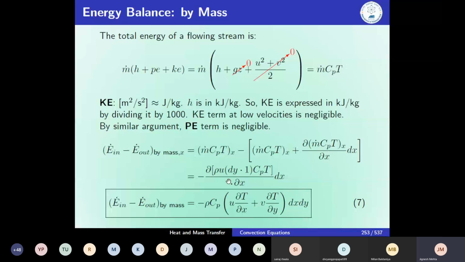And what you have is this number, that is differentiation with respect to x. So finally it's rho cp u dT/dx plus v dT/dy. And then this dx dy can be omitted.